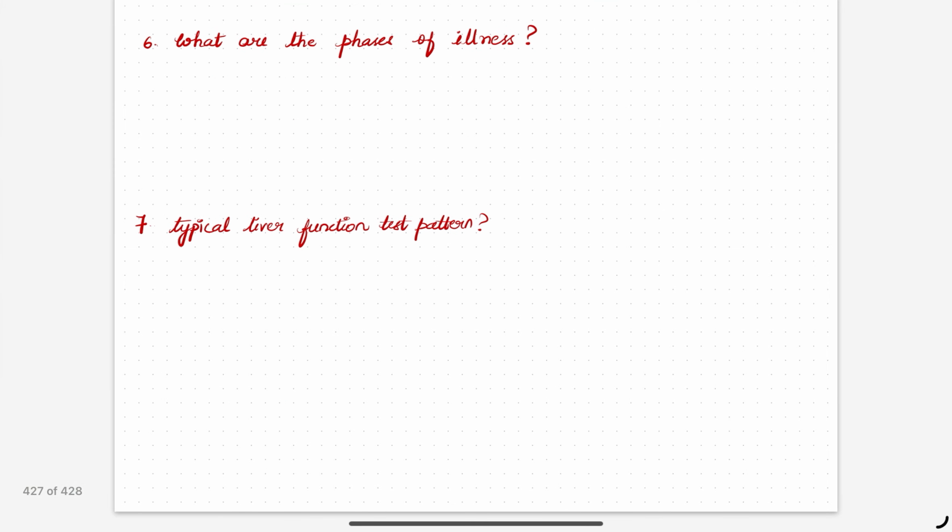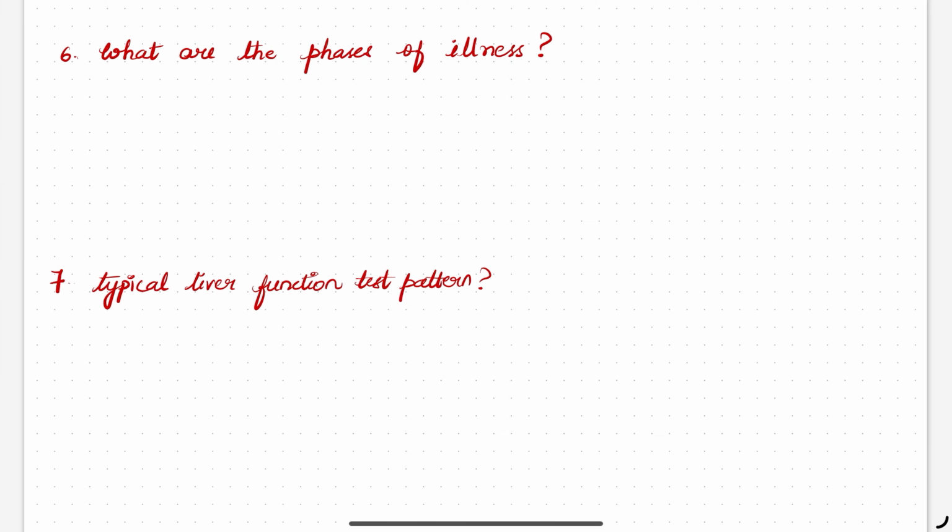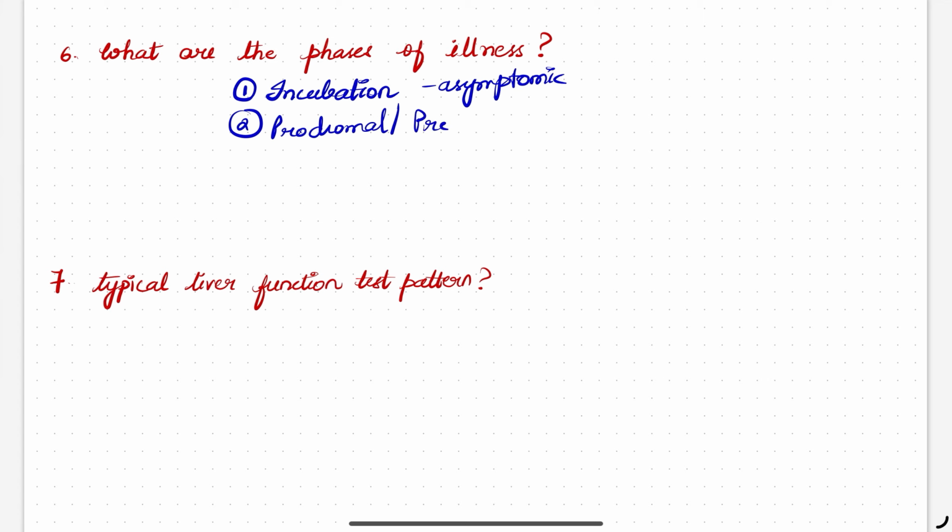What are the phases of this illness? The first is the asymptomatic phase, that is the incubation period where the virus replicates. There is a prodromal or pre-icteric phase where there is only fever and malaise due to interleukins like TNF alpha and interleukin 1.